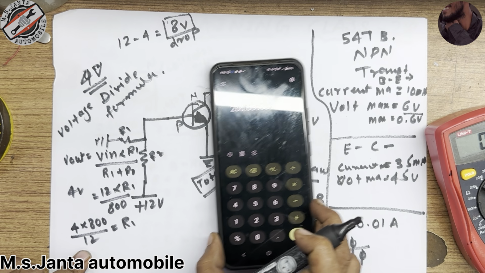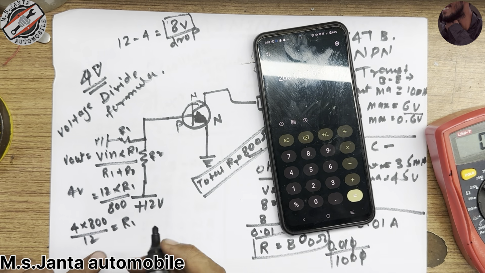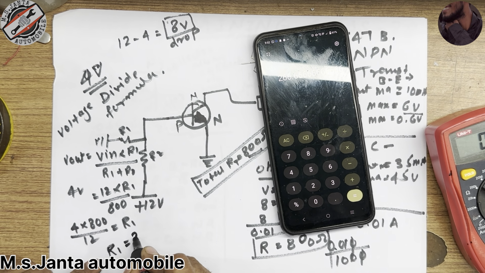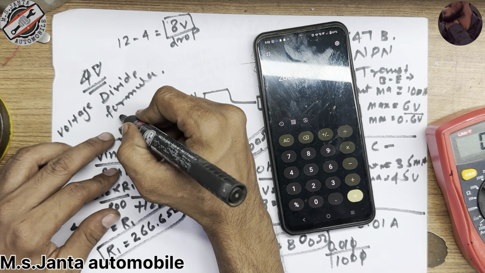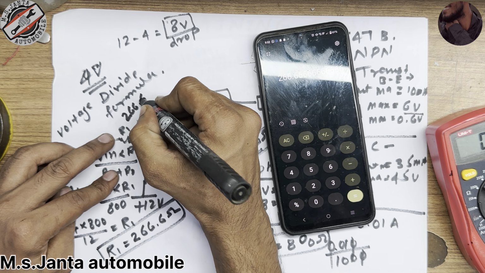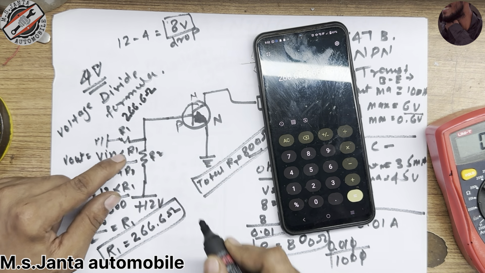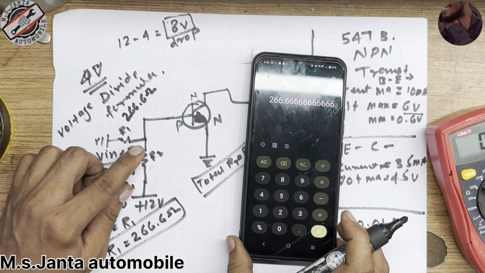So we got R1 is equal to 266.6 ohm. Okay, so we have R1 266.6 ohm, and we can easily find R2.